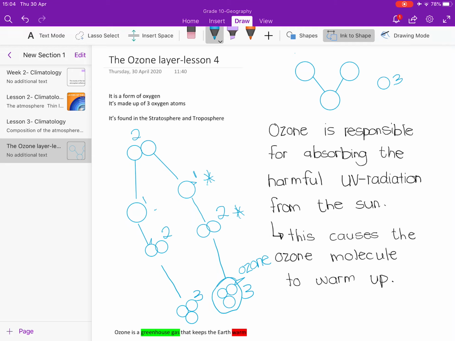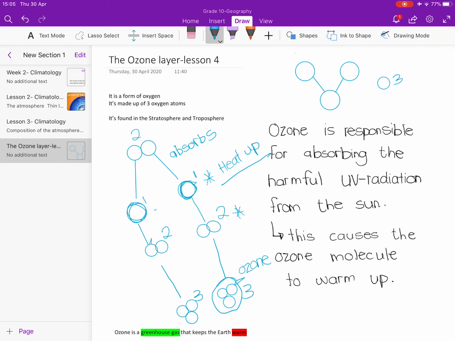Because it absorbs the sun's energy, it causes it to split. So these molecules will heat up because of the absorption of energy.